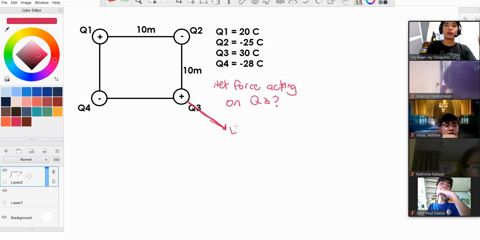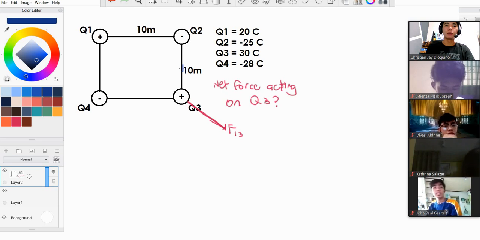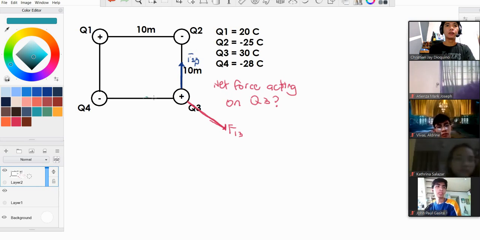Okay, so this will be our F13. Then, another vector which is going up. Okay, so this will be F23. Then, another vector going to the left.